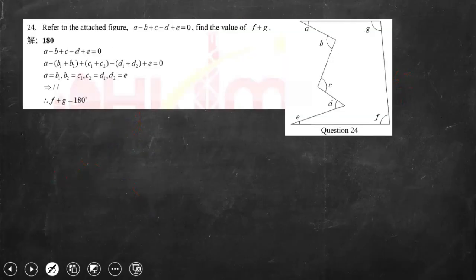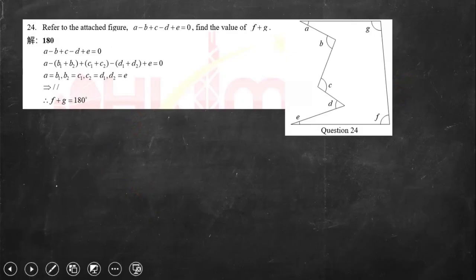Number 24. Refer to the attached figure. If A minus B plus C minus D plus E is equal to 0, find the value of F plus G. So how did we do that? We know that B1, B2, A minus B1.